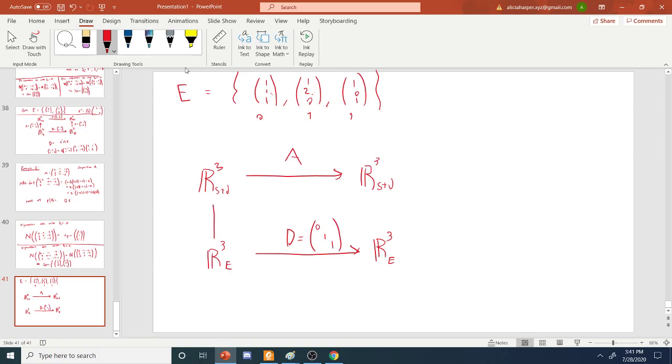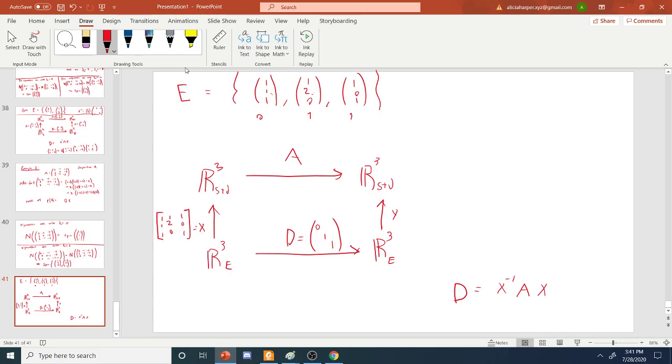And then I also have the base change maps, where the base change map is given by X equal to the matrix 1, 1, 1, 1, 2, 0, and 1, 0, 1. And it follows from this diagram that D is equal to X A X inverse.